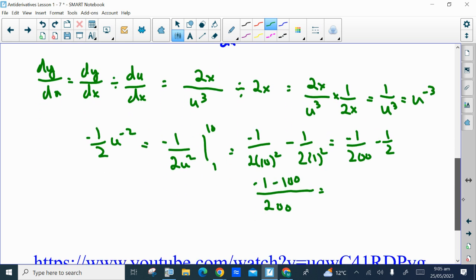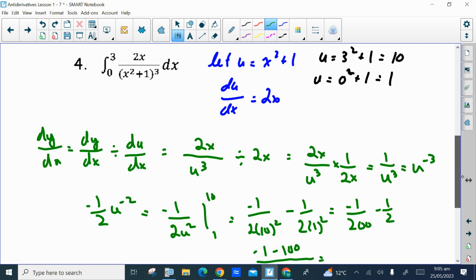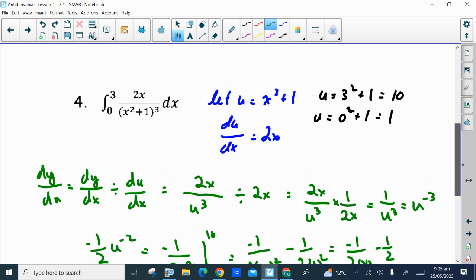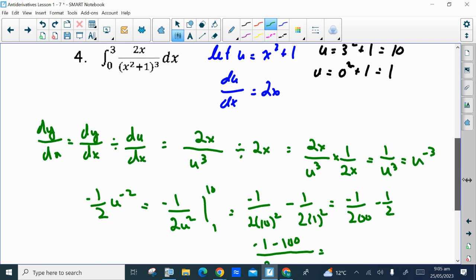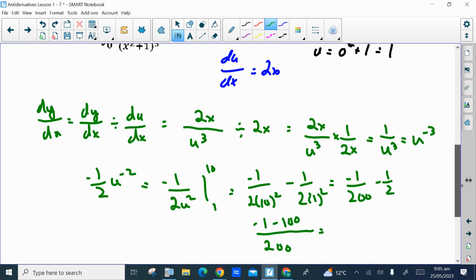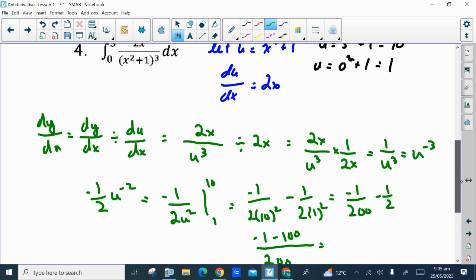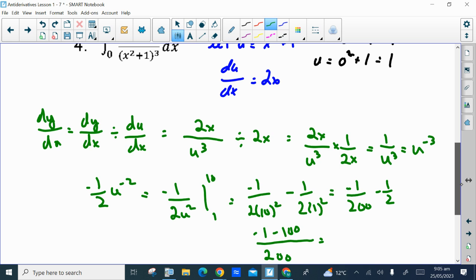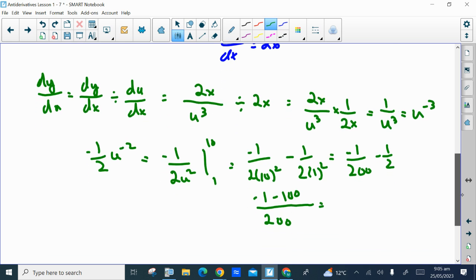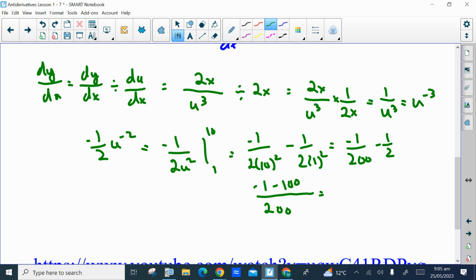Let me just check this. So negative 1 over 2u squared. That's negative 101 over 200.